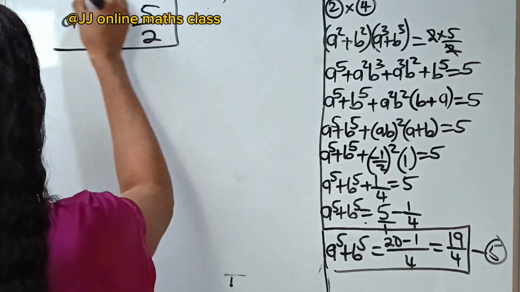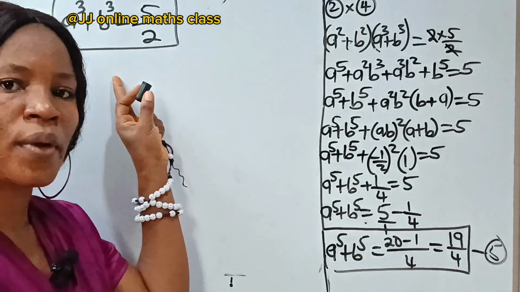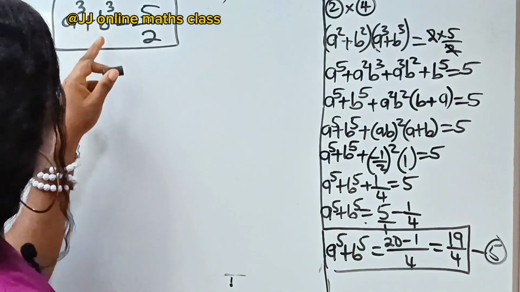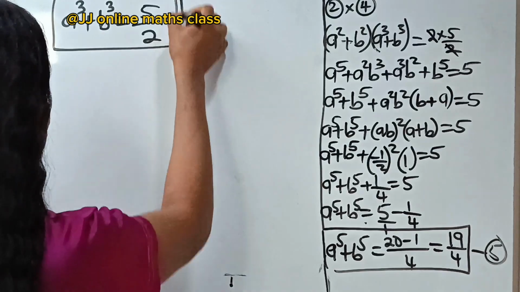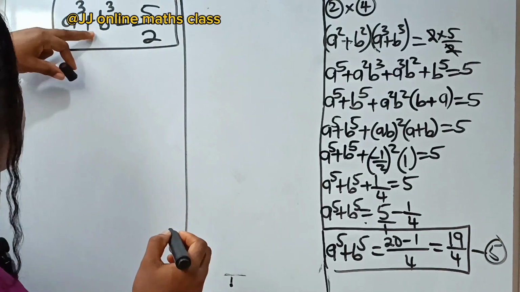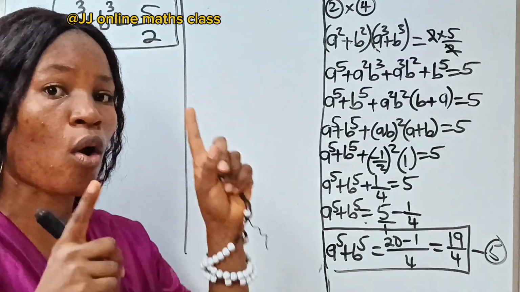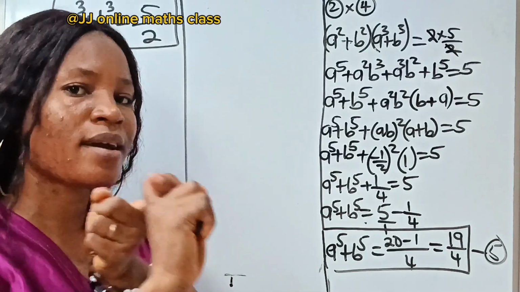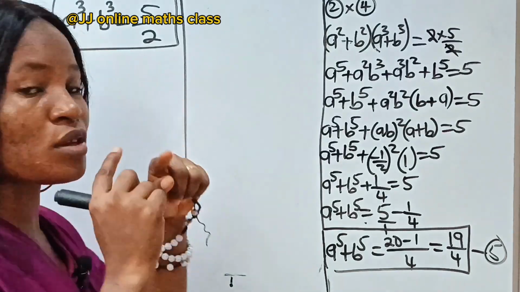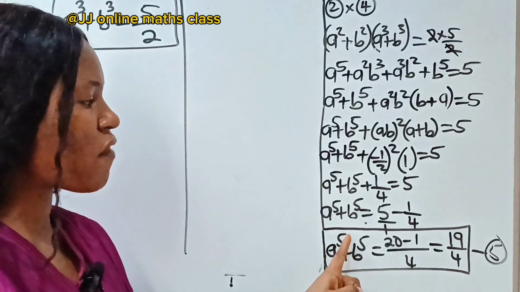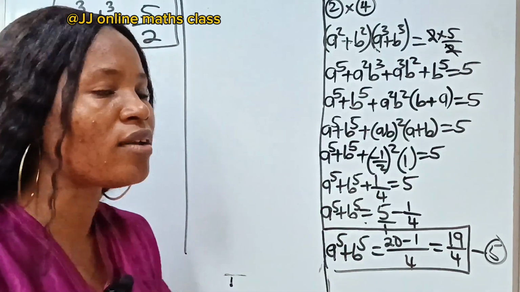It's very important now. Now, this is what we got as our a to the power of 3 plus b to the power of 3. Remember what I told you, that we need a to the power of 6, so that when we multiply the a to the power of 6 with a to the power of 5, we get a to the power of 11 that we are looking for.